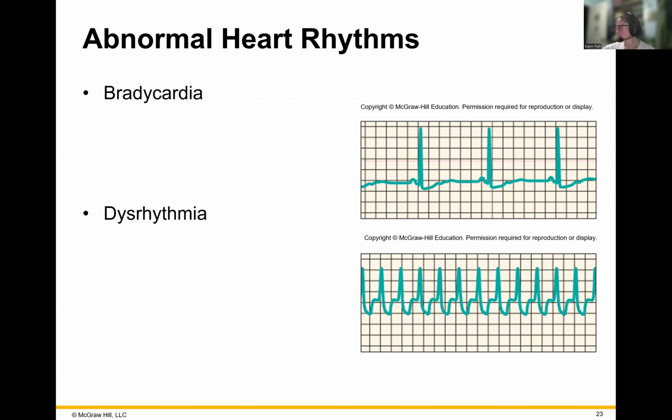And then here we get into some disorders of the heart and the circulatory system.